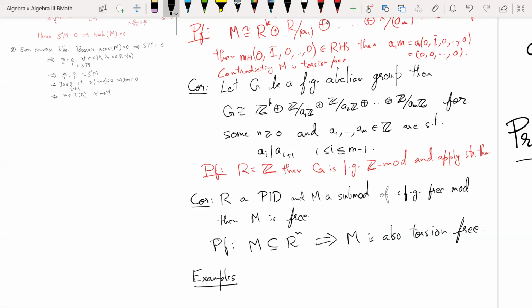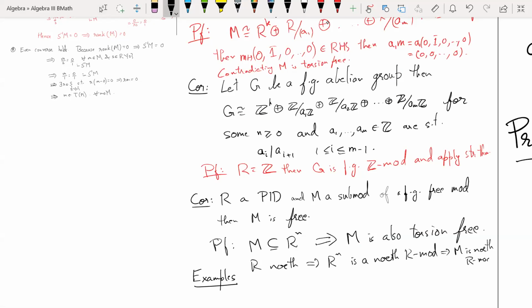Once you have a Noetherian ring, every finitely generated module is Noetherian. So R Noetherian implies R^n is a Noetherian R module, which implies M is a Noetherian R module.